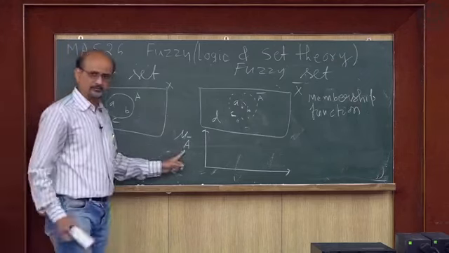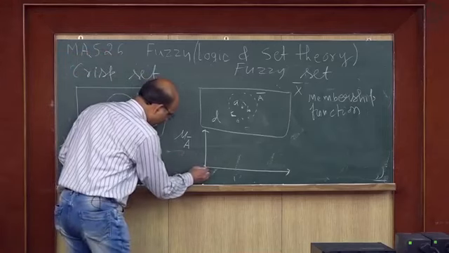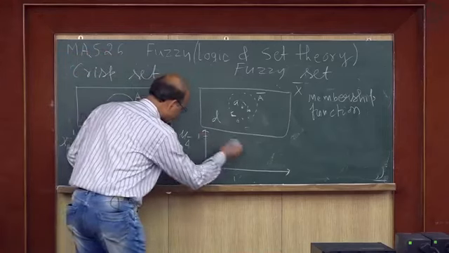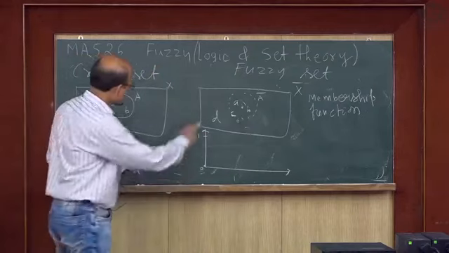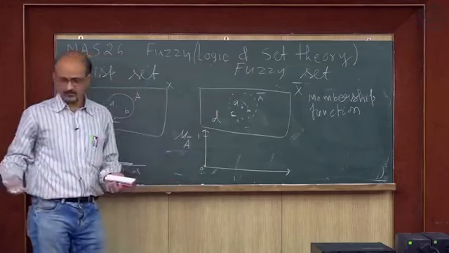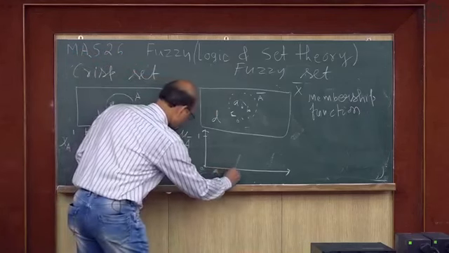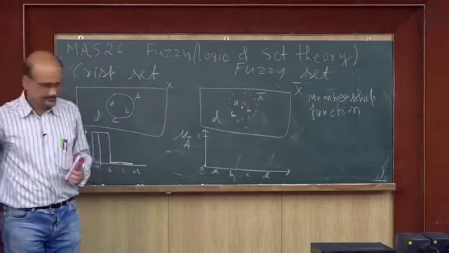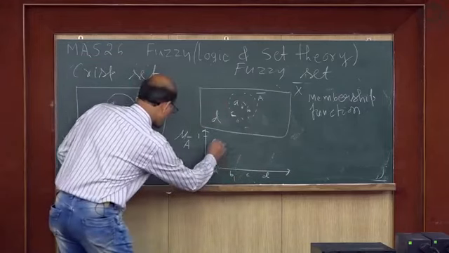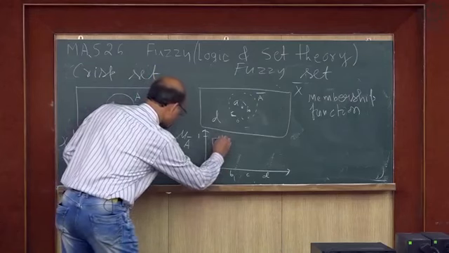So mu A bar will vary from 0 to 1 and can take any value. For A and B those are 1, no problem.